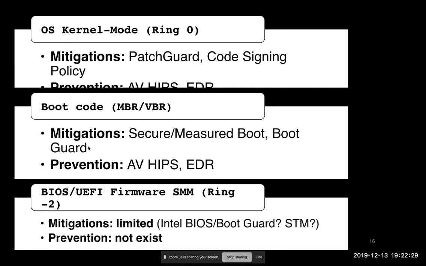The boot code can also be detected by antivirus vendors and endpoints, and Secure and Measured Boot and Boot Guard try to take care of this part and armor the secure boot process. But on the BIOS and UEFI, we have literally zero.